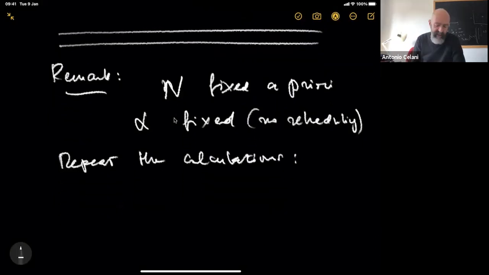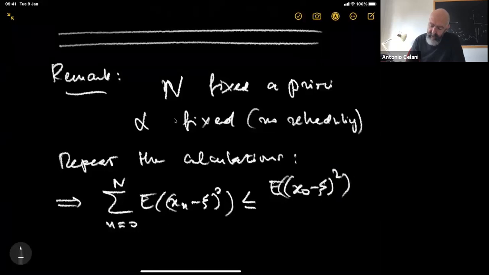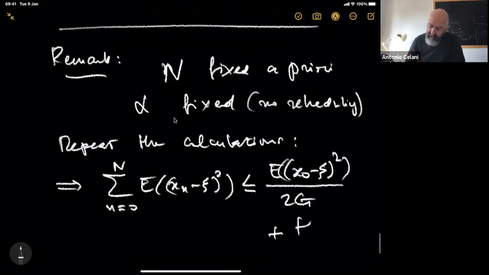But if you repeat it, what you get is that the sum, n going from 0 to capital N, of the expectations of the squares is less than or equal to the expectation of the initial point squared divided by 2g, plus h over 2g.